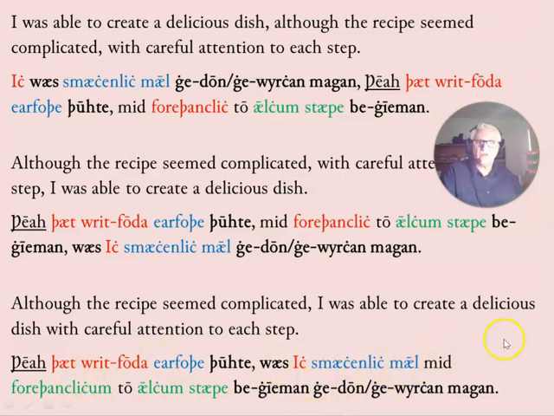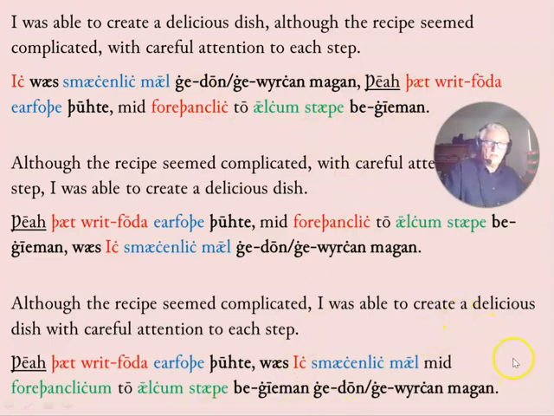All right, all these verbs are just coming to the end here. Alchemstaper is each step, and with careful attention to each step is Alchemstaper, and with careful and then bejemen is attention.